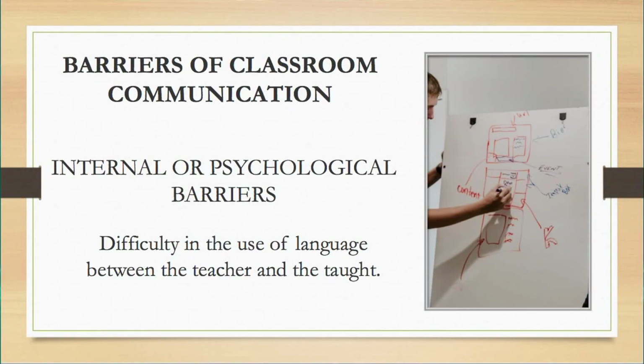Next is the second barrier, that is internal or psychological. That means our mind is also a barrier to proper communication. The first is difficulty in the use of language between the teacher and the taught.